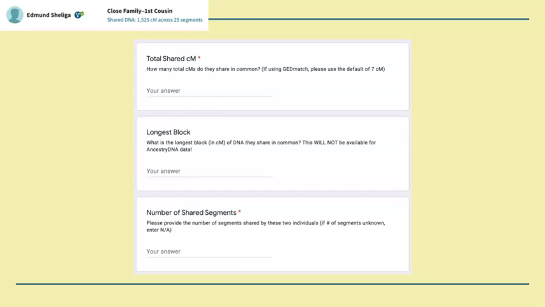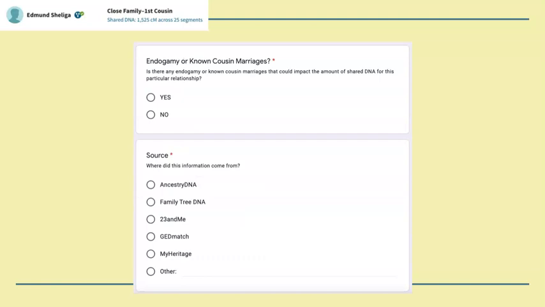The next one is the number of shared segments. If you again look at the top, it says shared DNA 1525 centimorgans across 25 segments. So I'm going to put 25 in that third field there. If I scroll down, the next question is, is there any endogamy or known cousin marriages?